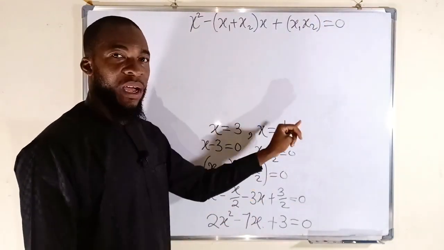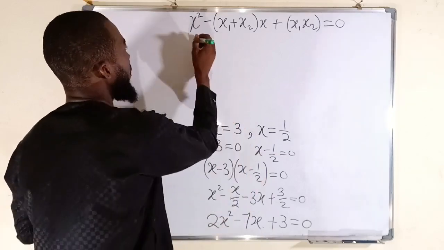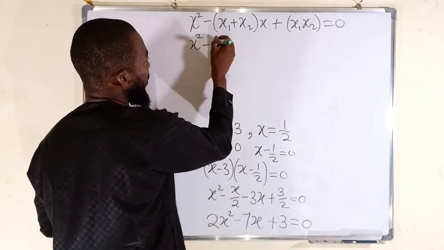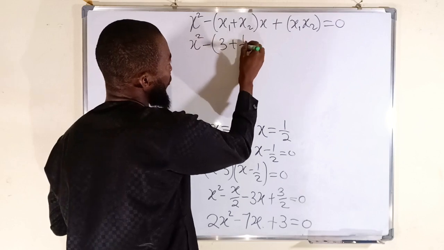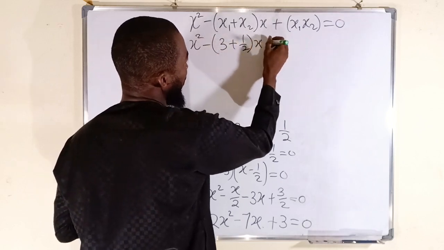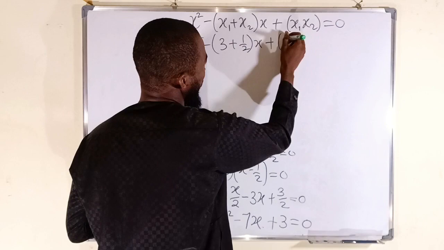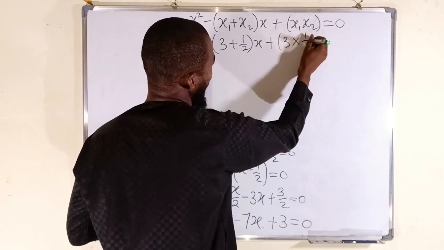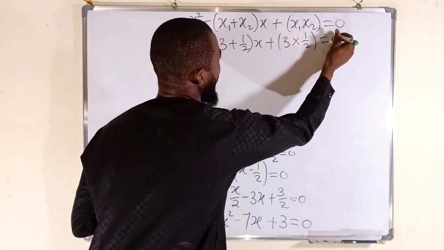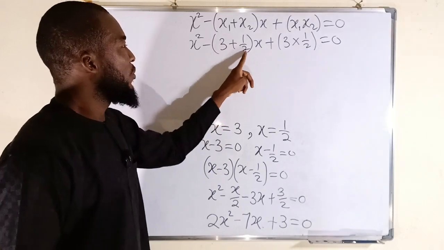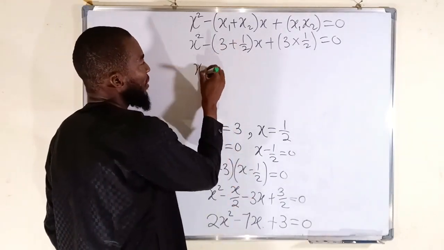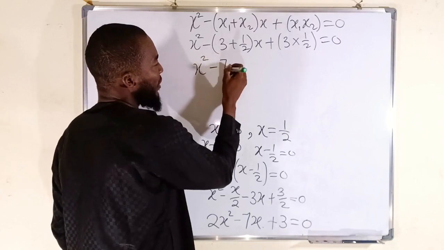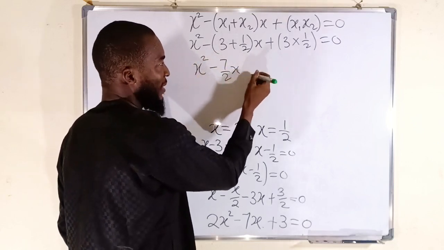Our roots are 3 and 1 over 2. So this is x squared minus 3 plus 1 over 2, multiplied by x, plus 3 multiplied by 1 over 2, and the whole of this equal to 0. 2 times 3 is 6 plus 1 is 7 divided by 2, right? So this is x squared minus 7 divided by 2 x, right?